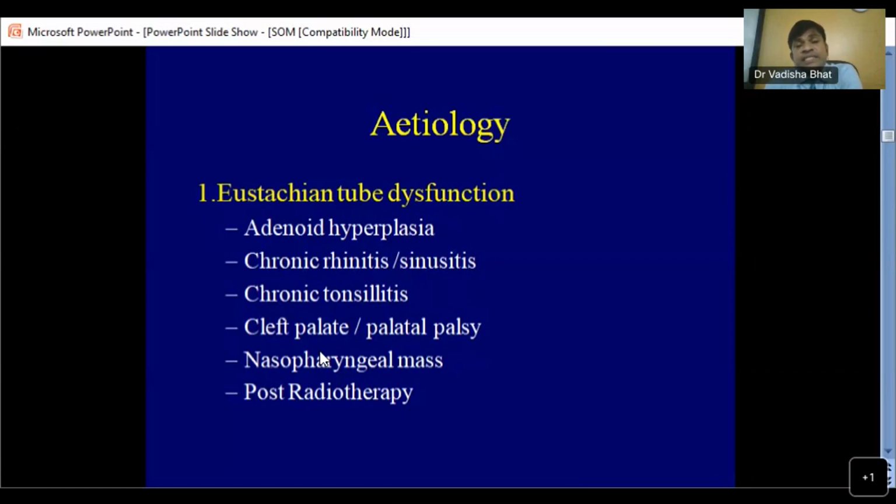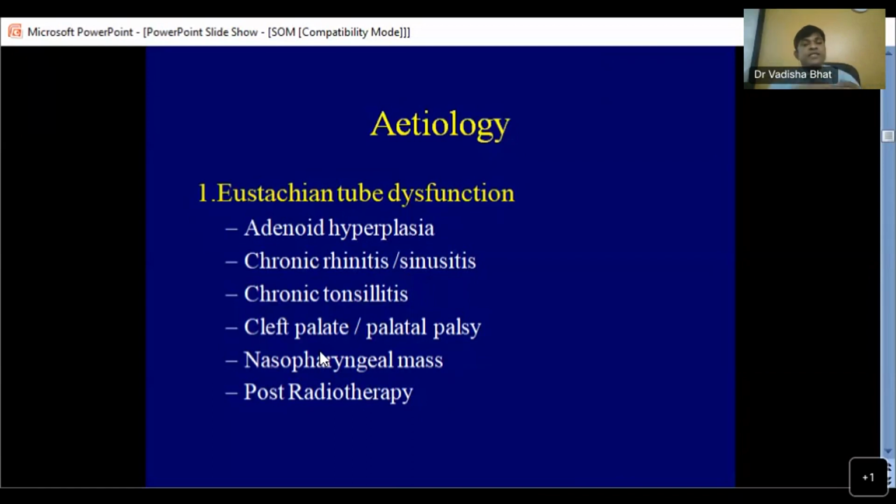Now, if these muscles are not proper, anatomically or physiologically, then there is a chance that the tube may not function properly. In cleft palate, even in submucosal cleft palate, or in palatal palsy, it happens that the muscles acting on the tube are not functioning as per the requirement.